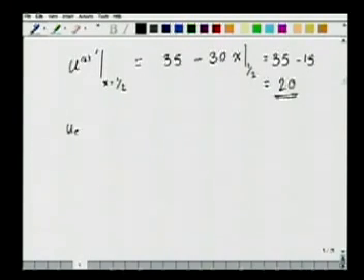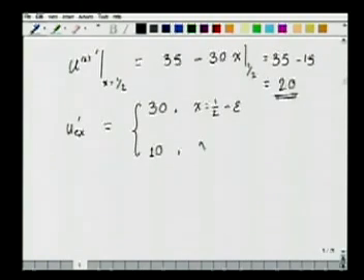The derivative of the exact solution is 30 for x equal to half minus epsilon. That is, I am very close to x equal to half, but coming at it from the left hand side, and it is equal to 10 at the point x equal to half plus epsilon. That is, I am coming to the point x equal to half from the right hand side.